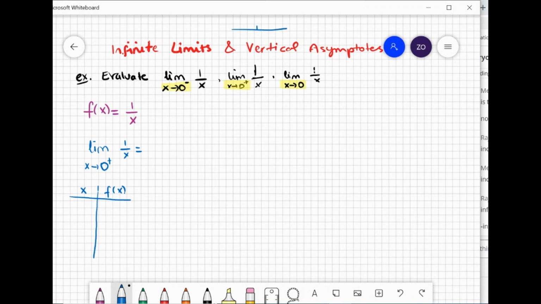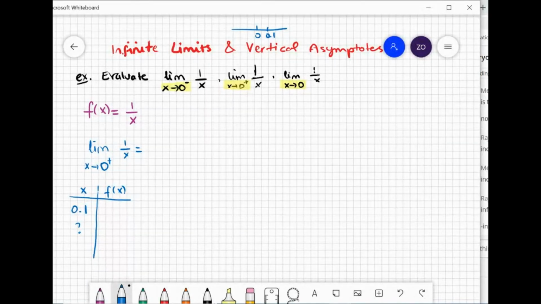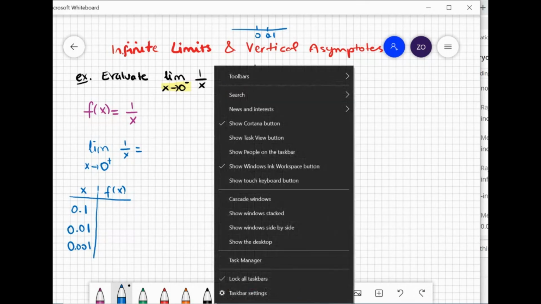You can choose 0.1. What is another number which is even closer to 0? That's right: 0.01, 0.001, and so on. Yes, exactly. You can make the number as little as you like.